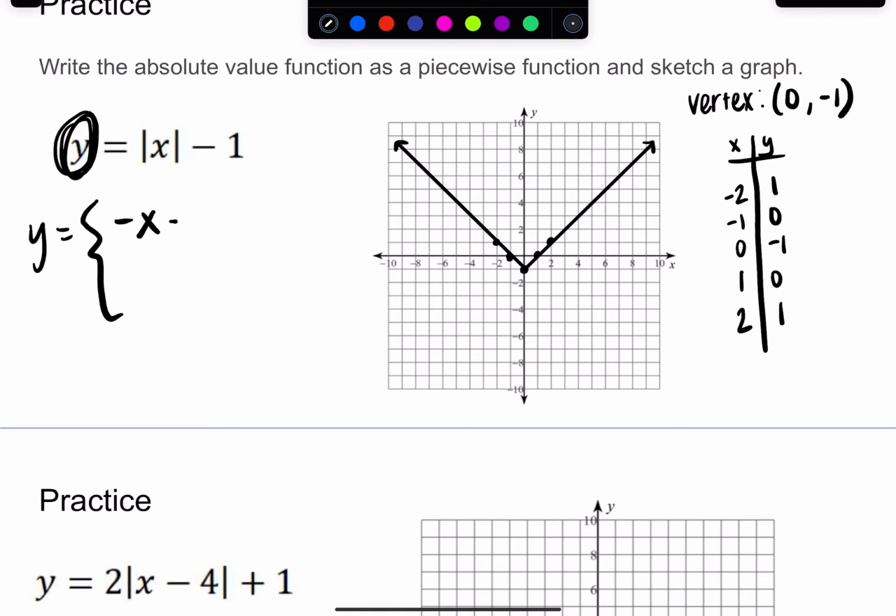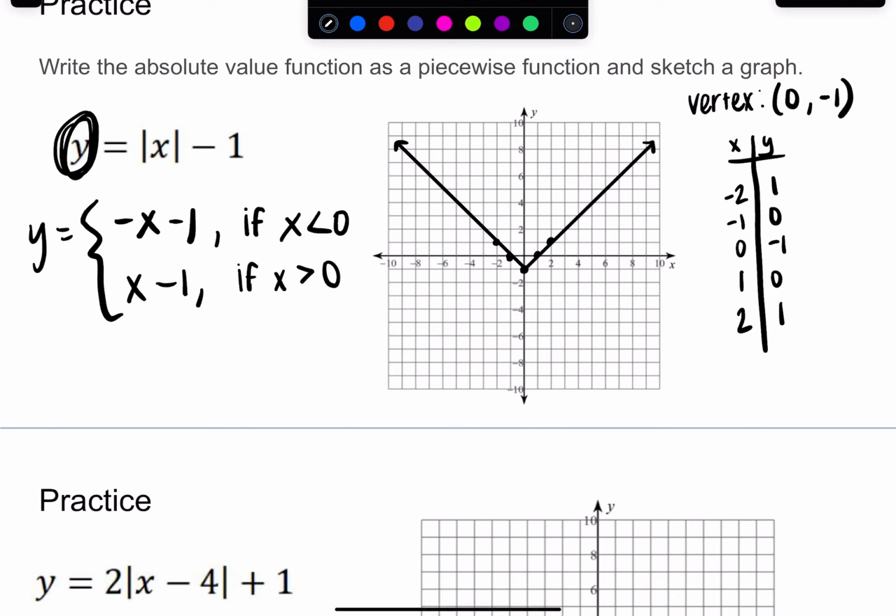My y-intercept is at -1, so -1. If x, and we're on the left side, so we're less than our vertex at 0. Okay, my right side, I've got a slope of +1. Same y-intercept at -1. And that's to the right, so that's if x is greater than 0.